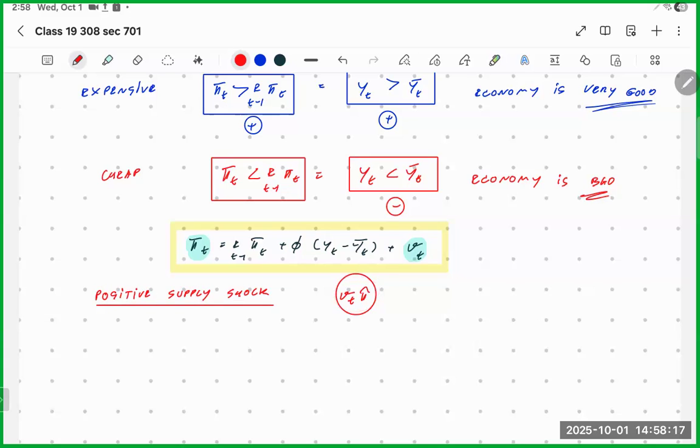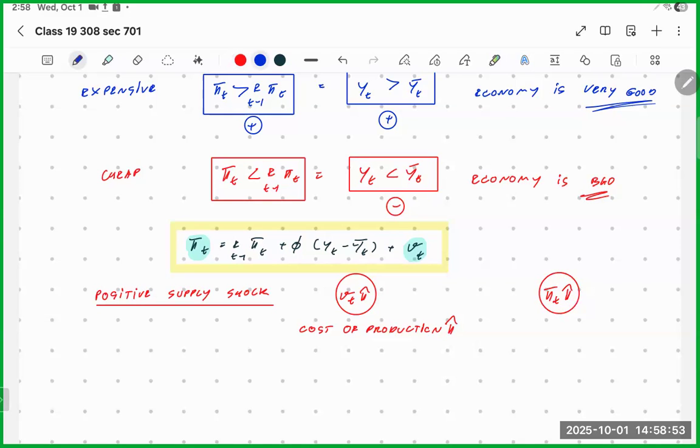A positive supply shock means that for some reason, some factor makes the cost of production become higher. Like we have a war and then the price of oil increases. When oil price increases, everything becomes more expensive. If Vt increasing, the right hand side of the equation increasing, the left hand side is going to be increasing too. So when we have a positive supply shock, everything becomes more expensive, inflation increasing.